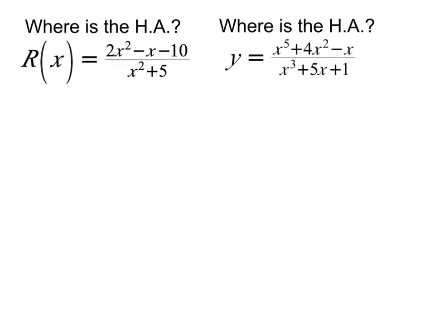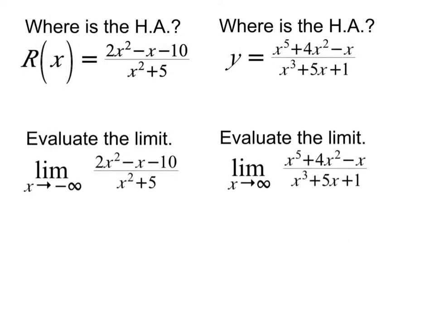Having seen what we were just doing there, I'd like us to continue practicing that. So please, for each of these, identify where the horizontal asymptote is for each of these two equations. And as you might expect, we're then going to use that information to figure out what the limits are. So for the first one here, on the left side, the first question we ask is: is it top heavy, bottom heavy, or is it balanced? I'm looking at the two terms that have the highest exponents on top and bottom.